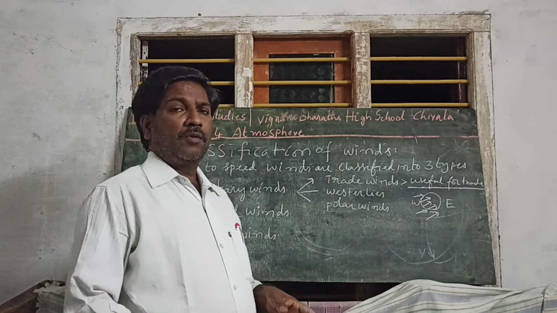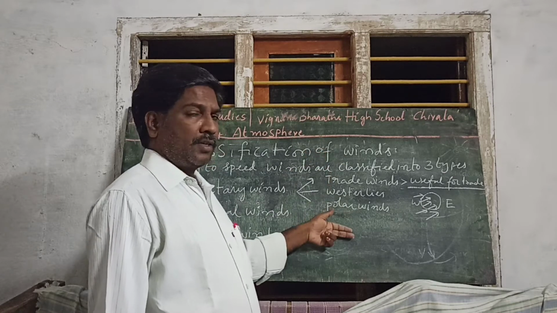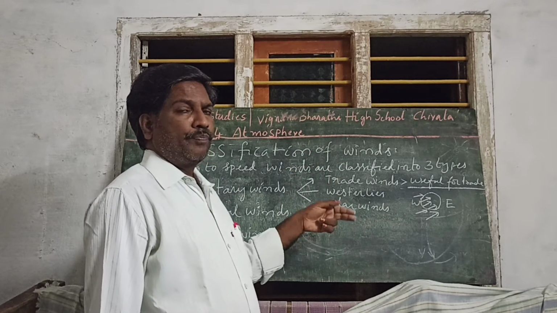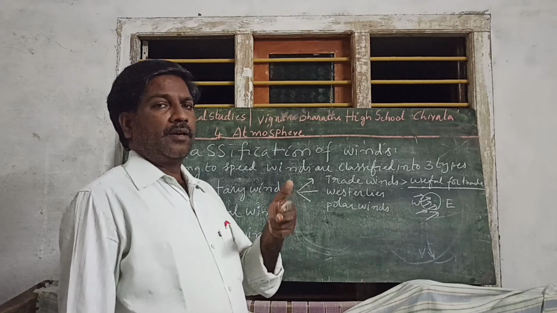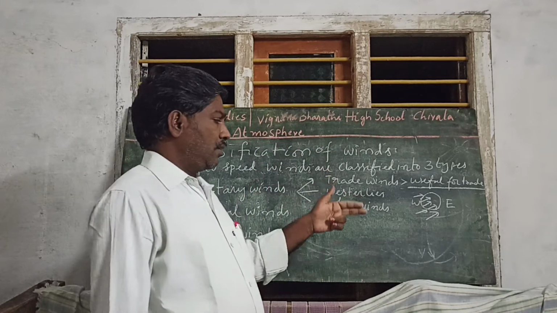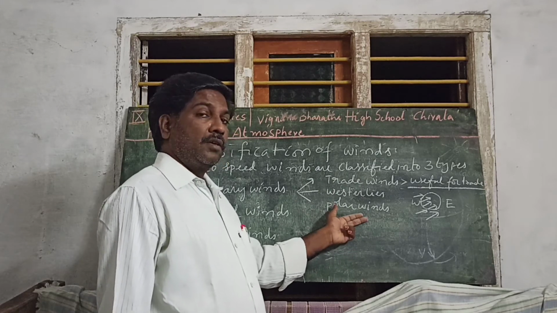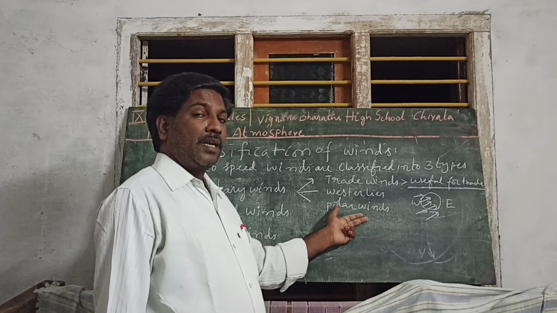Polar winds blow from the north polar area towards the Arctic Circle area, and on the south side, polar winds come towards the Antarctic Circle area.